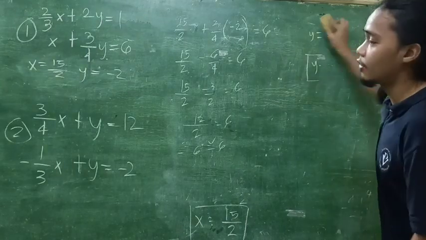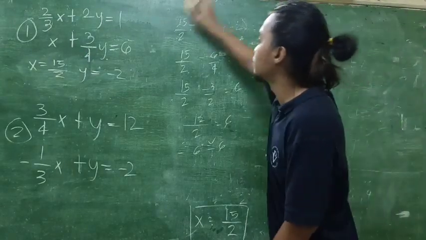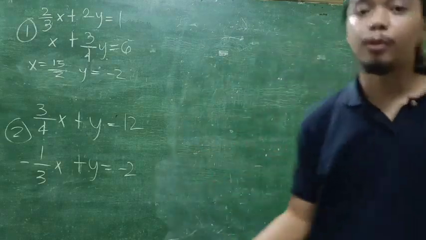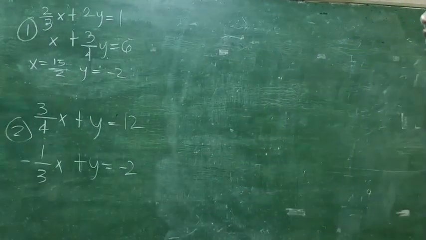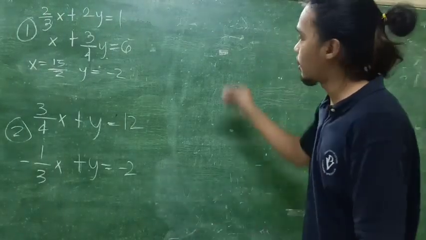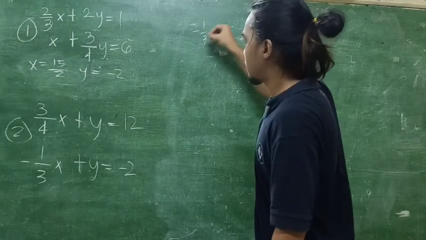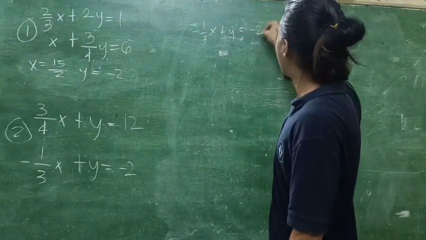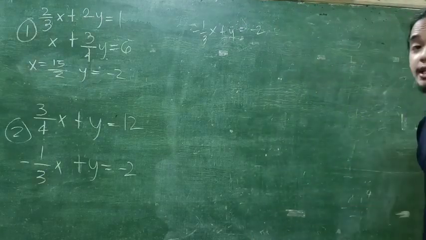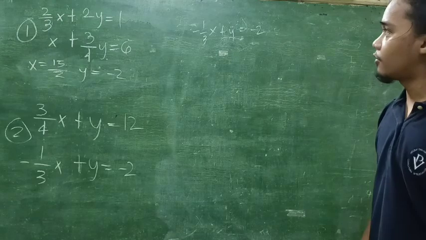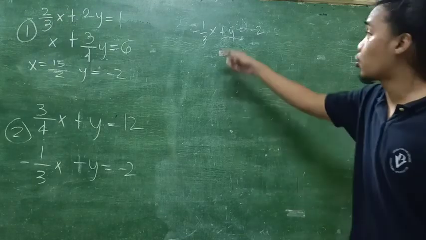Okay, moving on. We have problem number 2. Again, manipulate the other equation. This time I will manipulate negative 1/3 x plus y equals negative 2. You can see that we have just y here.